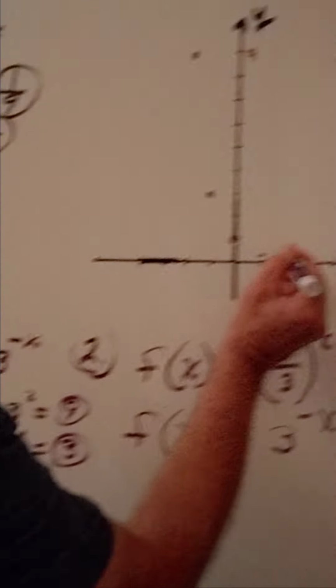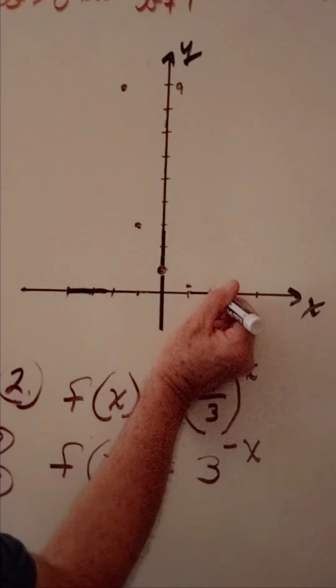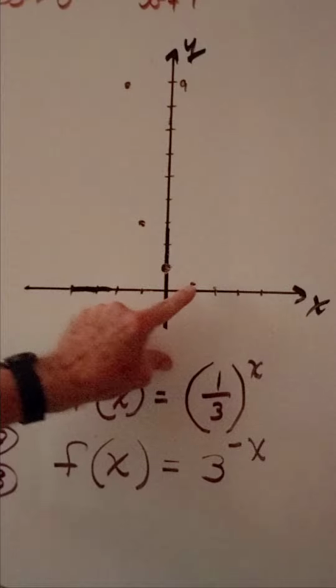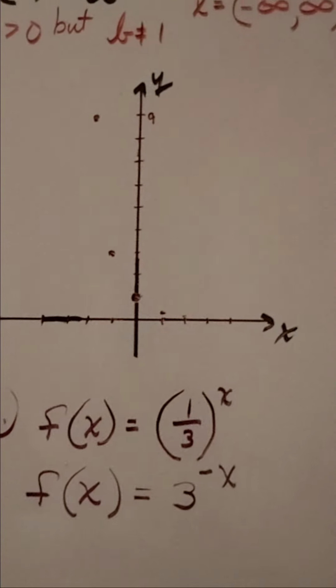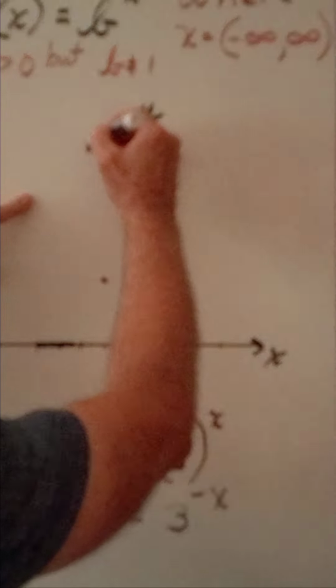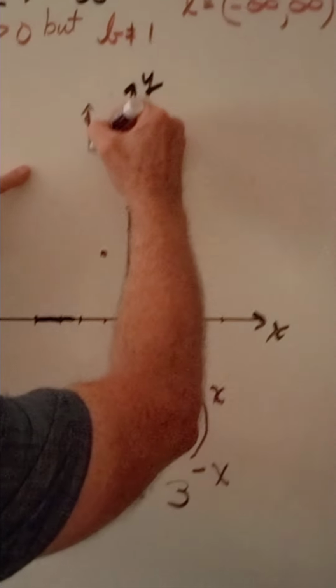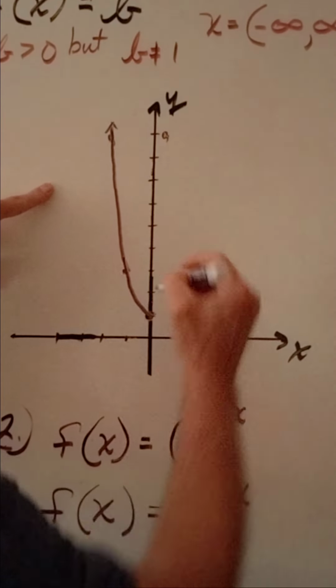And then if x is 2, y is going to be 1/9, very close to the x-axis, but no, it doesn't touch it. And we make that curve. Kind of comes down.